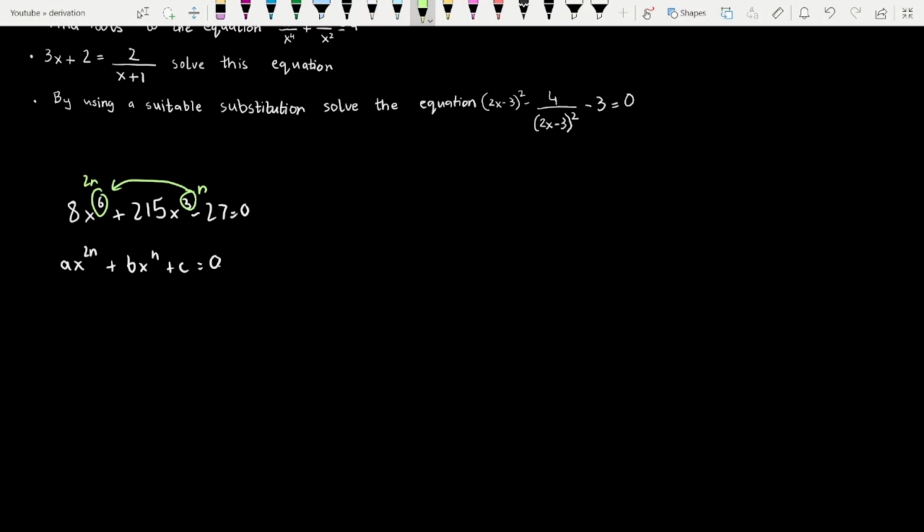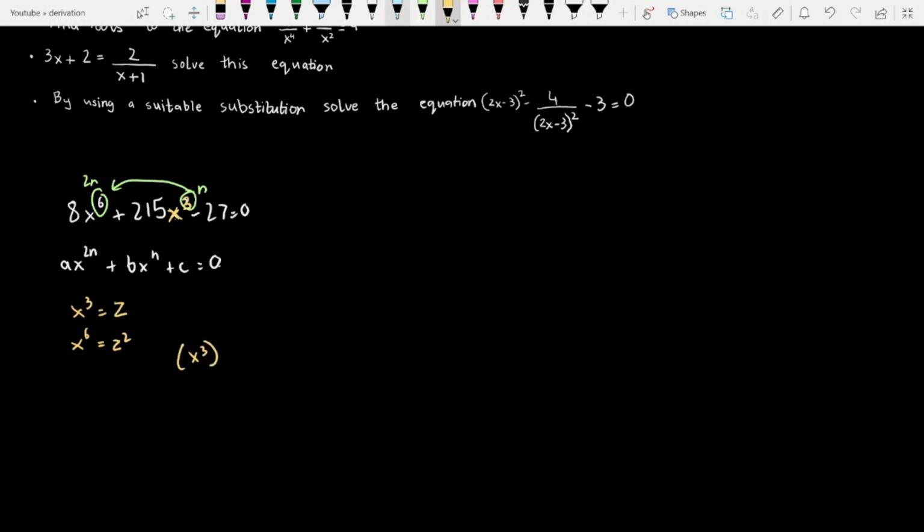So what we're going to do is take that x to the power n term, which in this case is this x raised to the power 3, and we're going to give it a new variable. Let's give it z. So we're going to give this z, and so what is going to be x raised to the power 6? Well, that's just going to be z squared. If you don't believe me, try it out for yourself. So we know what z is. z is basically x to the power 3.